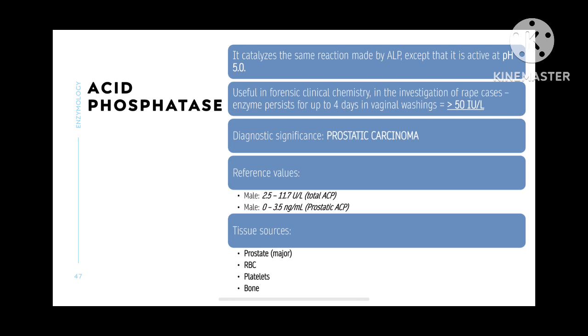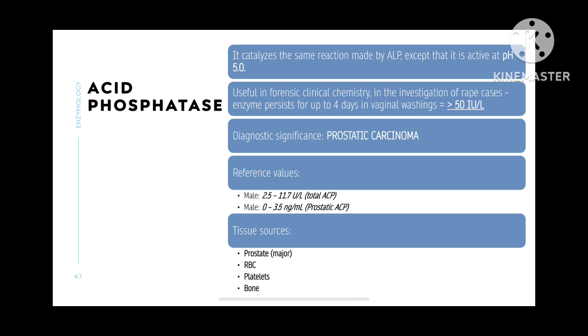Next would be acid phosphatases. It belongs to the same group of phosphatase enzymes as alkaline phosphatase and is also considered a hydrolase that catalyzes the same type of reactions. The major difference between acid phosphatase and alkaline phosphatase, by the name itself, is the pH of the reaction.